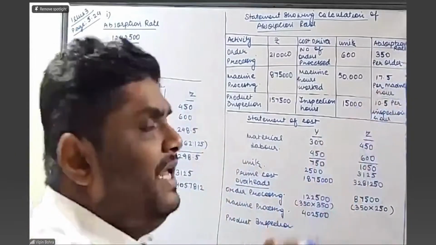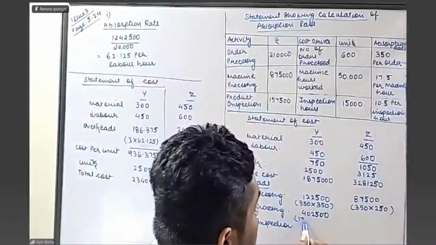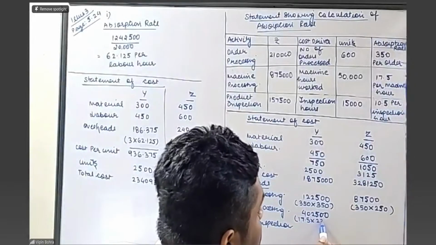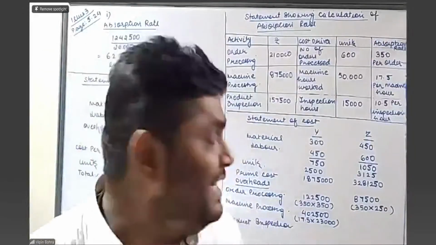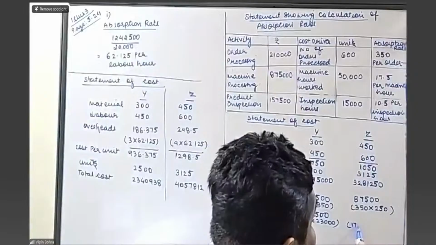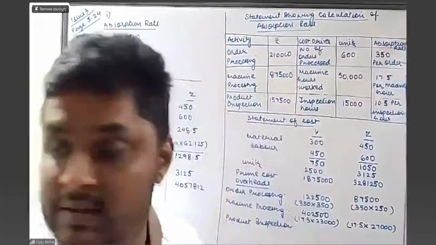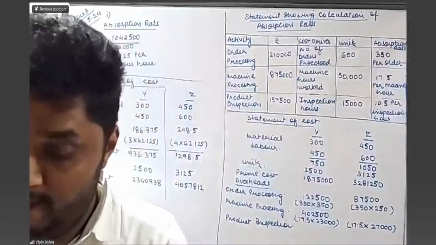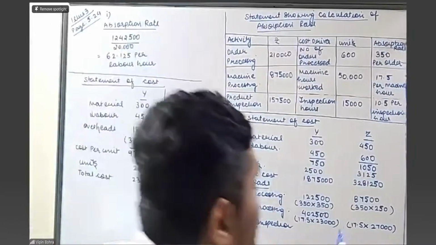How come? 17.5 per machine hour into 23,000 hours. Similarly, for the second one, it is 27,000 hours. So 17.5 into 27,000 hours. So it is 4,72,500.